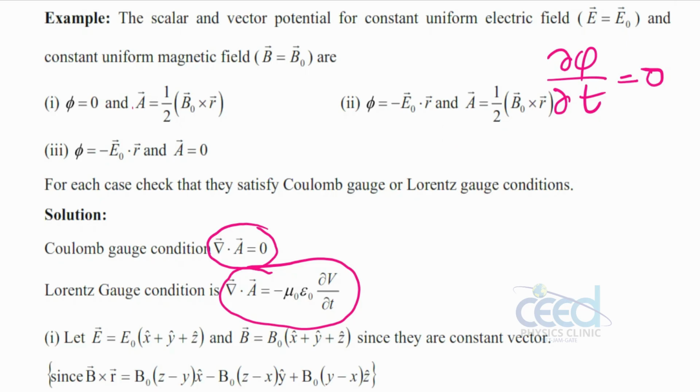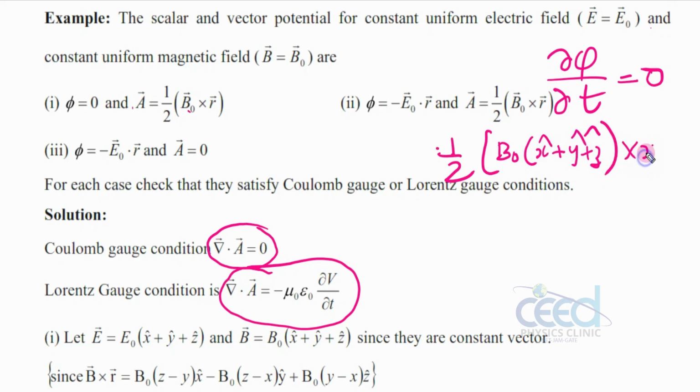Now how do we check whether the divergence of A is 0? Suppose half times B, you take a constant vector, as they say: constant electric field and constant magnetic field. How do we represent a constant magnetic field? B0 times x cap, y cap plus z cap.